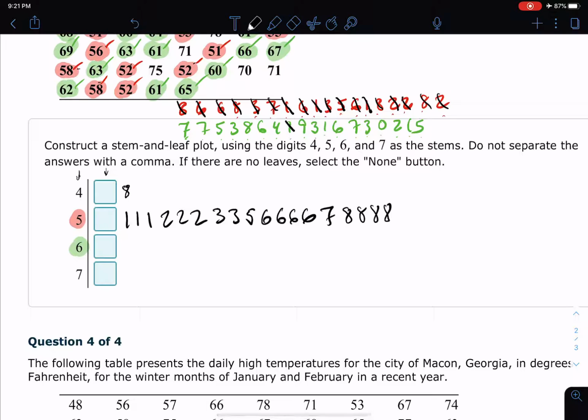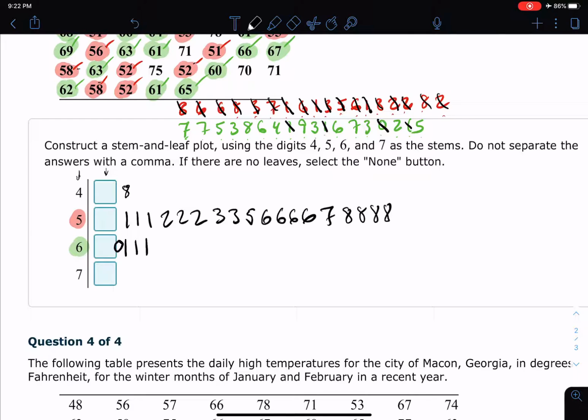Looks like we've got 3 ones. And, oh, there is actually a 0. Should have started with that, huh? 0.